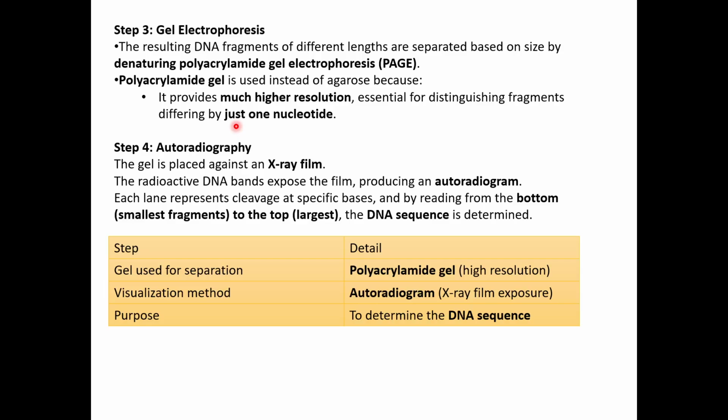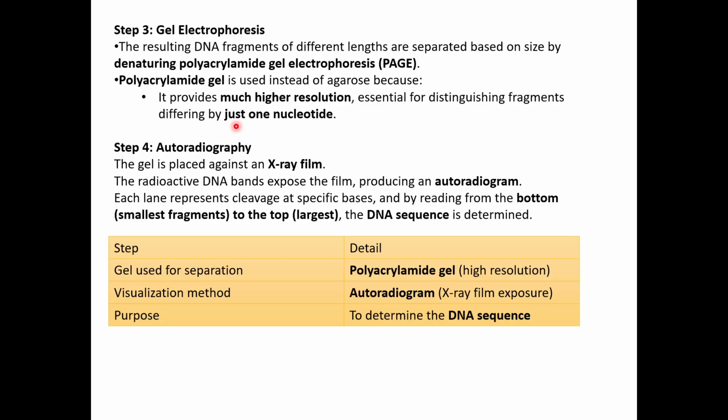Generally we use agarose gel for running nucleic acids like DNA or RNA, when we just have to visualize the DNA, or know the difference in the lengths of the DNA. But the DNA lengths in the case of agarose gel have to differ by a few base pairs in size. Only then can it be resolved properly, because agarose is not as efficient in separation as PAGE, that is polyacrylamide gel.